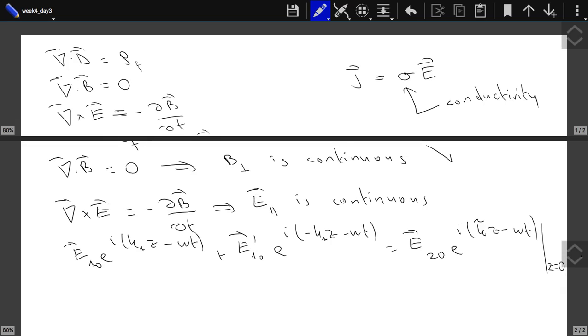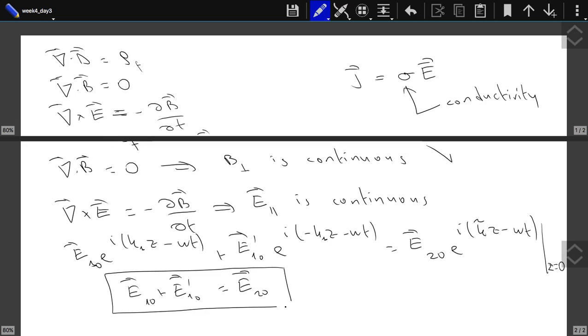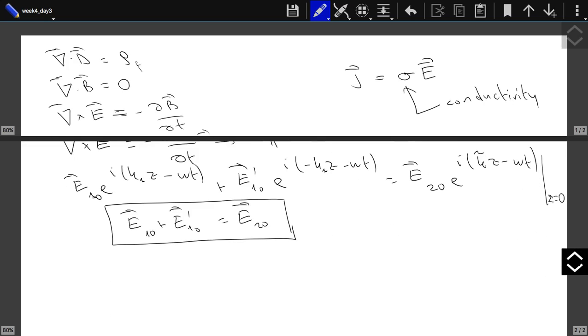So you see, at z equal to 0, these exponents are just 0, so these factors are 1. I can cancel the time dependence. So I have E1 0 plus E1 0 prime should be equal to E2 0. This is one equation I have. Or let us just assume that the electric field is in the x direction.